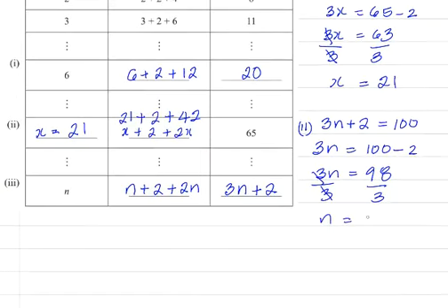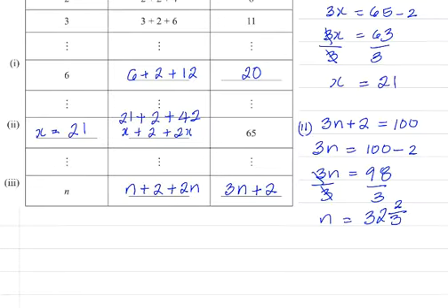Now divide both sides by 3, and what we get is that n is equal to 32 and 2 over 3.